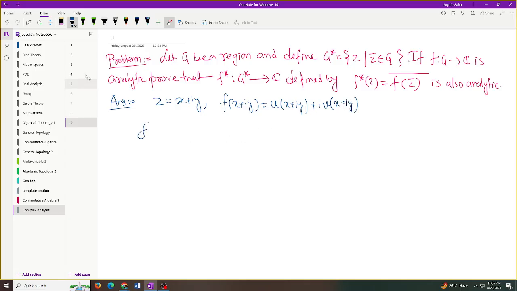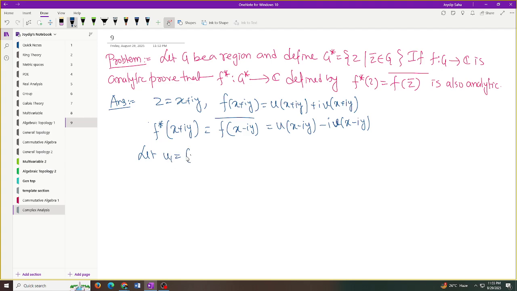So f star of x plus iy equals f of x minus iy.